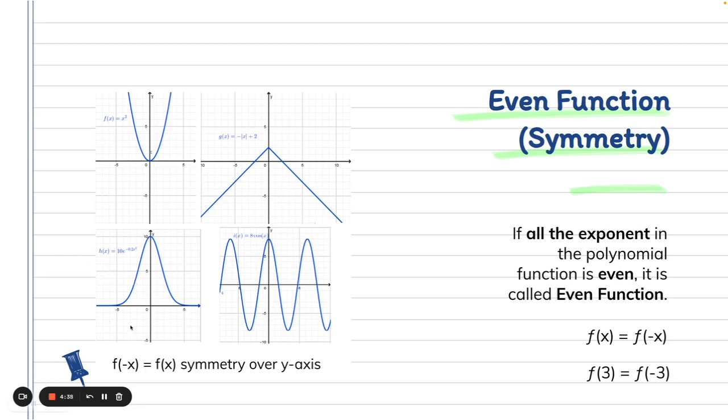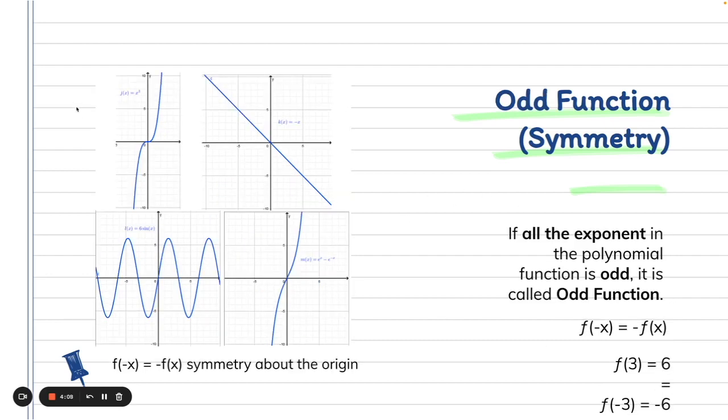Visually, we can see that the graph is mirrored, which can also be seen as f of minus x equals f of x. So it has symmetry over the y-axis. You can see it is identical on both sides. An example would be f of 3 equals f of minus 3.